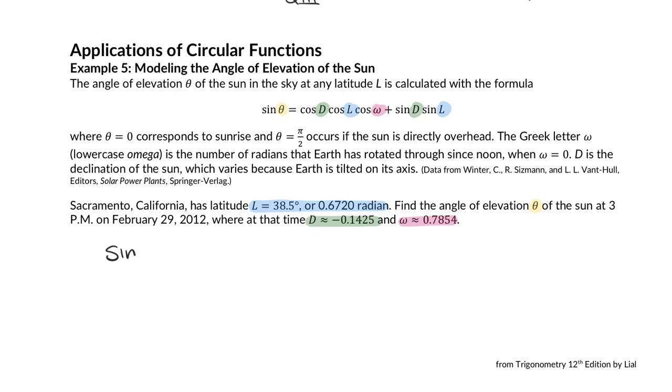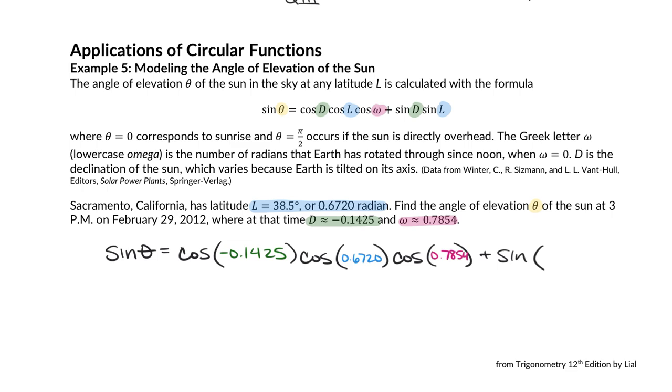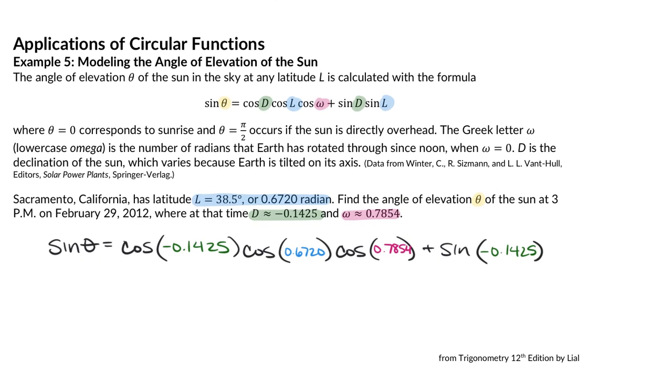If we were doing this, the sine of theta would be equal to the cosine of negative 0.1425, that's d, times the cosine of 0.6720 radian, times the cosine of, yeah, I know, sound like a broken record, 0.7854, plus sine of negative 0.1425, close parentheses, times sine of, listen, that's what the formula says to do.